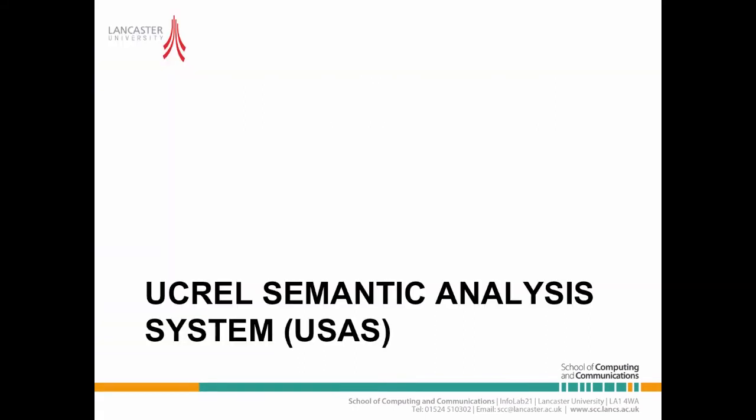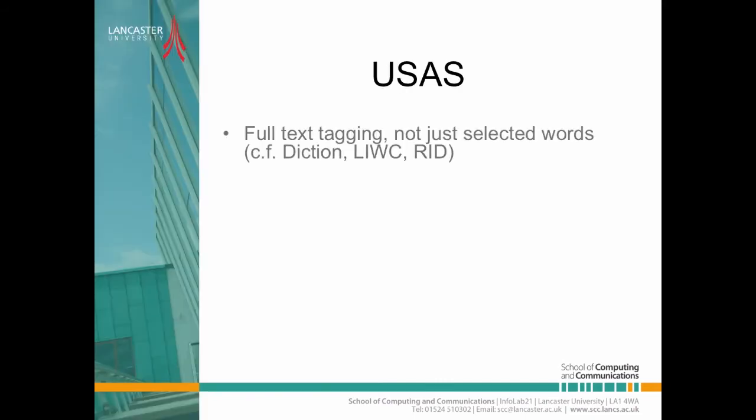So, more detail now on our version of semantic analysis. We built a system called USAS, the UCREL Semantic Analysis System. What does it do, and what were we aiming to do with this system? Well, we wanted to assign tags or annotation to every word in the running text, not just selected words.